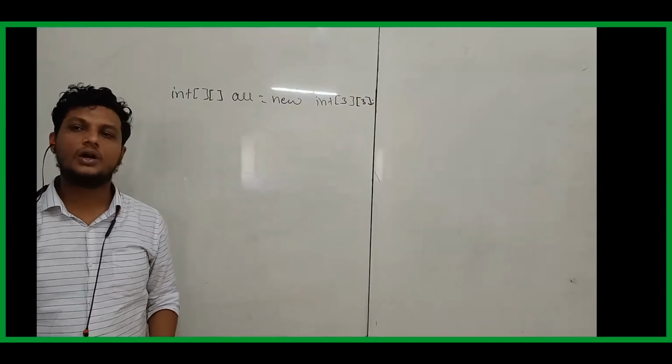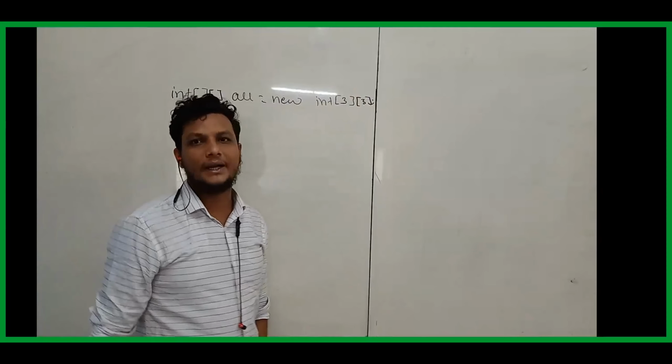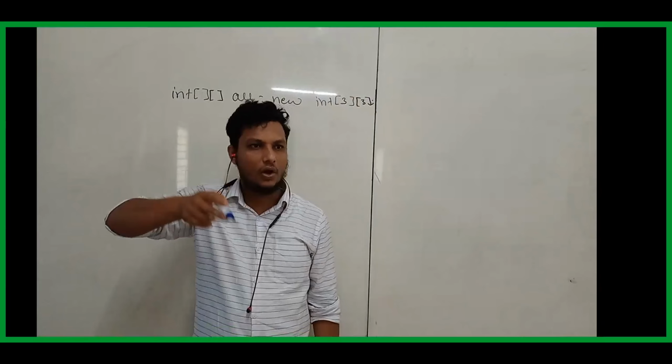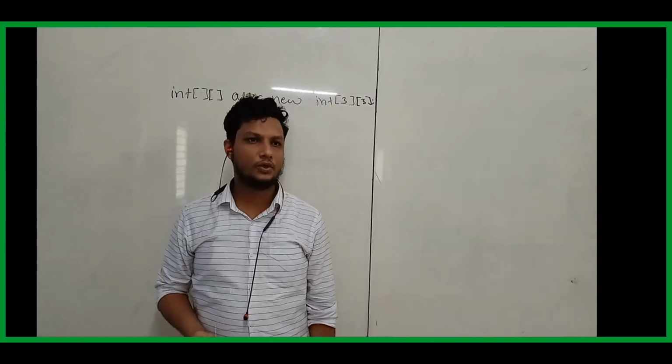A two-dimensional array means what? It is going to represent a matrix format, where we have rows and number of columns together. We call it a two-dimensional array.